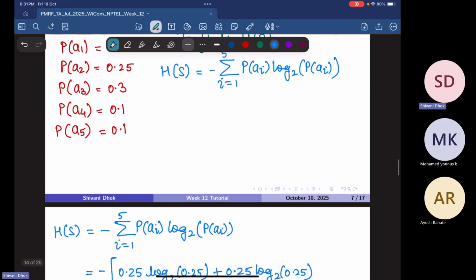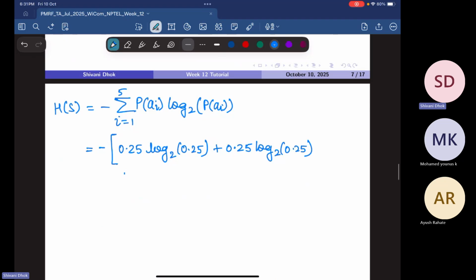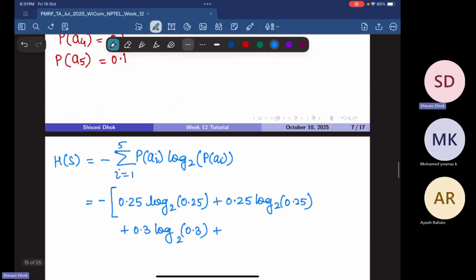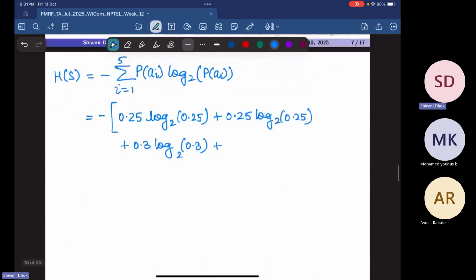Then for A3 it is 0.3, so plus 0.3 log of 0.3 to the base 2, plus A4 is 0.1, so 0.1 log of 0.1 to the base 2, plus A5 is also 0.1.